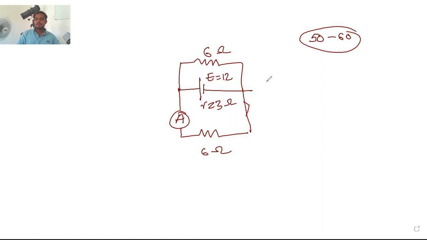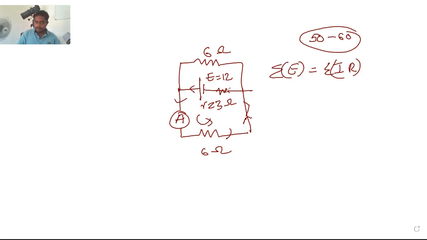Okay, so if we consider sigma E is equal to sigma IR. There are easy ways also we can do this, but I am doing in this manner. So it is going here, here, here, and here. This is E, so I can use the first closed loop.